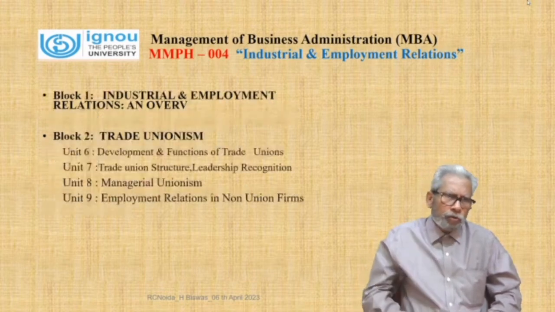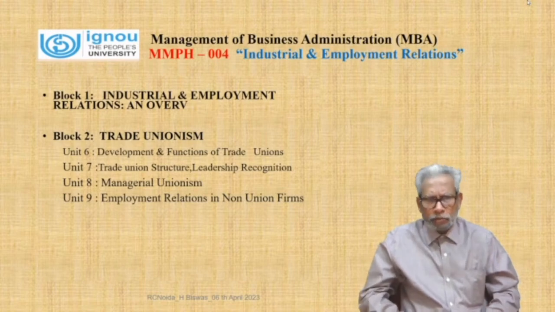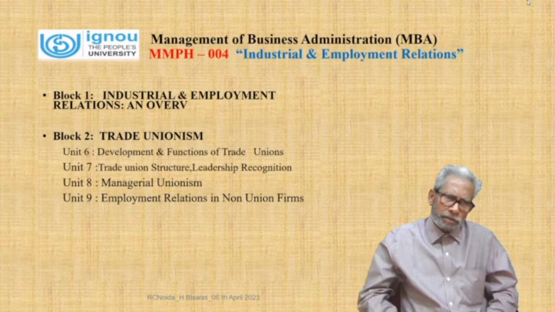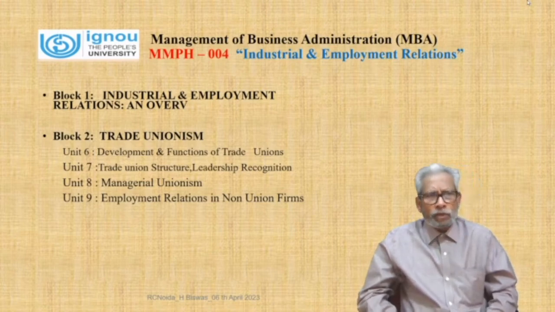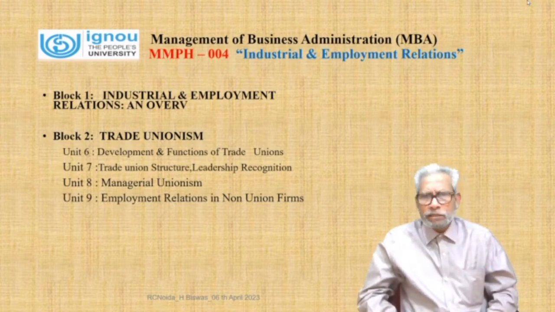Then block 2 is trade unionism, with details on unionism, where there are four units: units 6, 7, 8 and 9. Development of different functions of trade unions will be there.